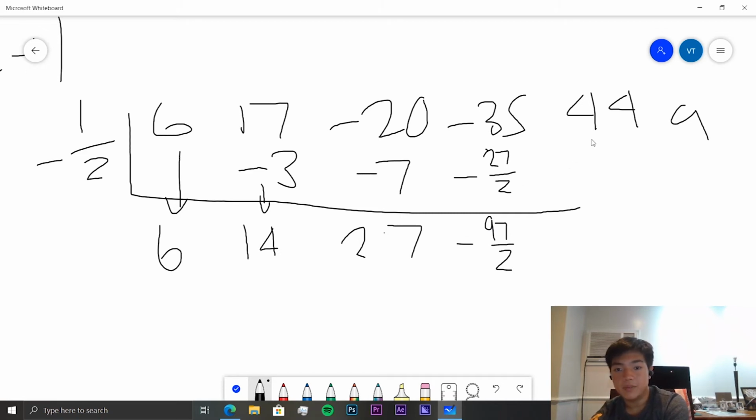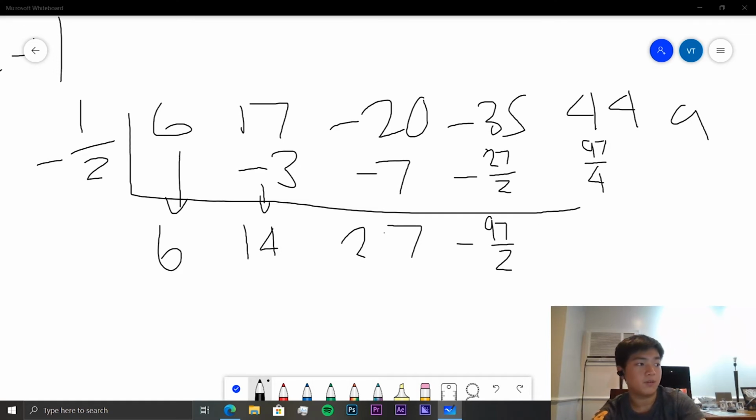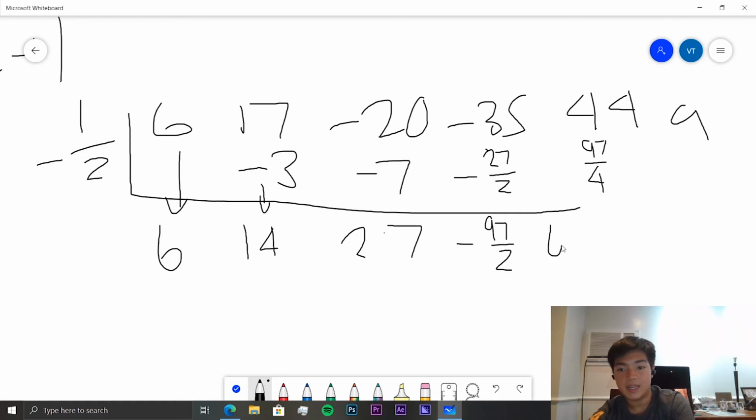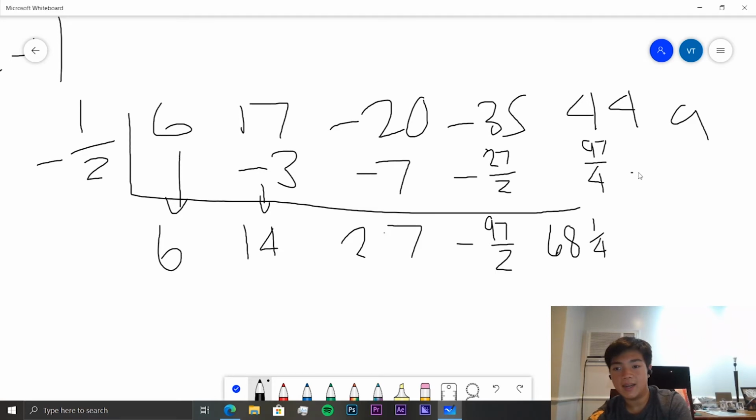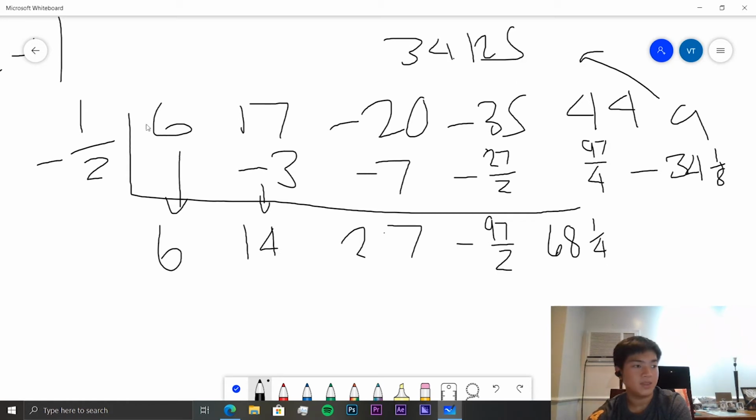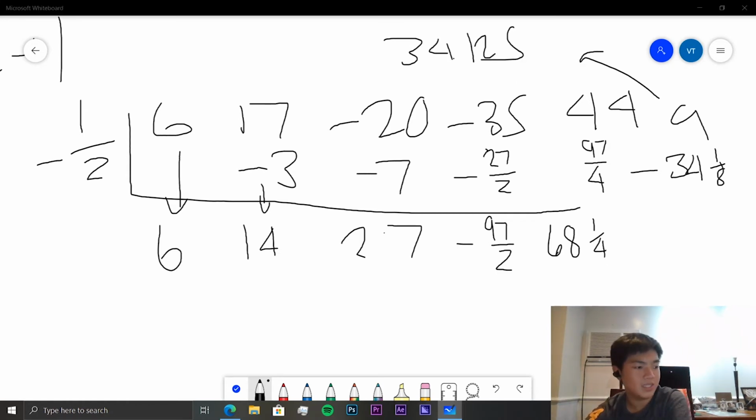This would be 97 over 4 plus 44, which is equal to 68 and 1/4. And so dividing 68 and 1/4 by 2, we should get a minus 34 and 1/8. So a must be equal to 34 and 1/8, or 34.125, I think. It's a bit odd to give us a decimal though.